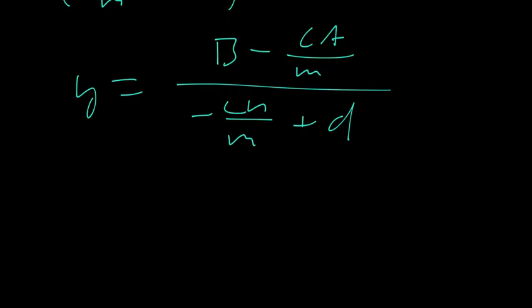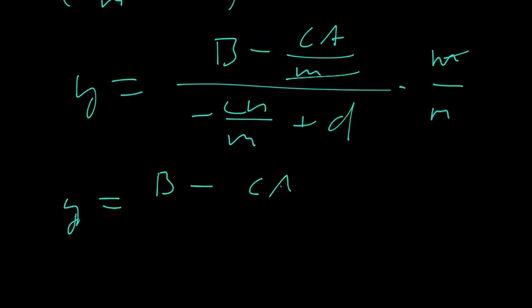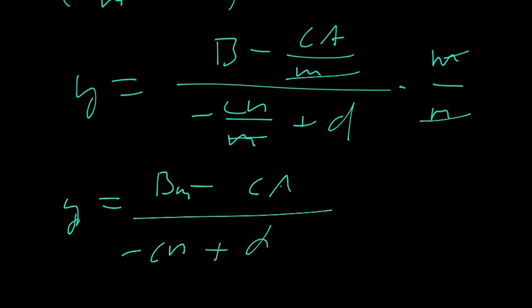Okay, so I'm going to simplify this equation a little bit. To do that, I'm going to multiply by m over m. And what that's basically doing is just multiplying it by 1, so m over m simplifies down to 1, and we're not actually changing the value of y at all. So when we do that, we get y equals, these m's cancel out, bm minus ca, and then we'll have negative cn plus d times m in the denominator.